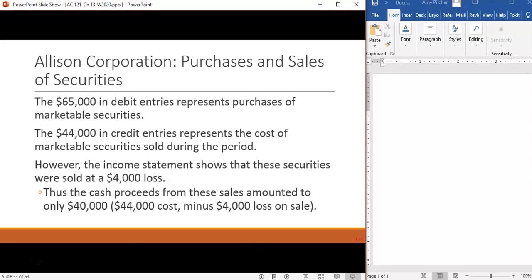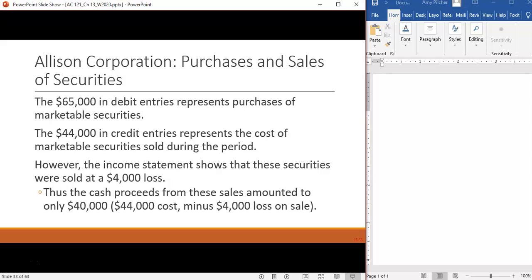So we have $65,000 in debit entries for marketable securities and $44,000 in credit entries representing ones that are sold. We show on the income statement that we have a $4,000 loss. Then we need to look at what our proceeds from cash were.